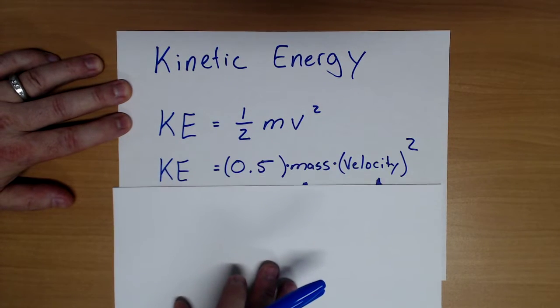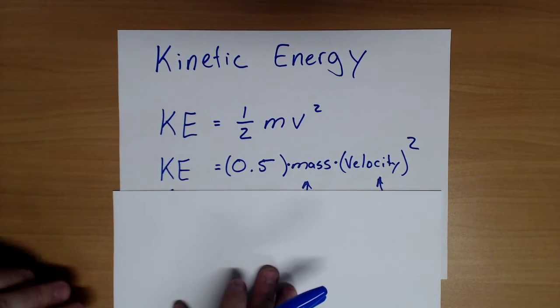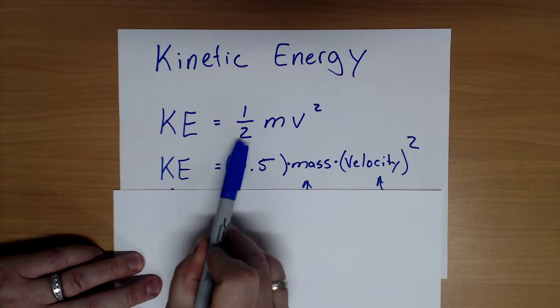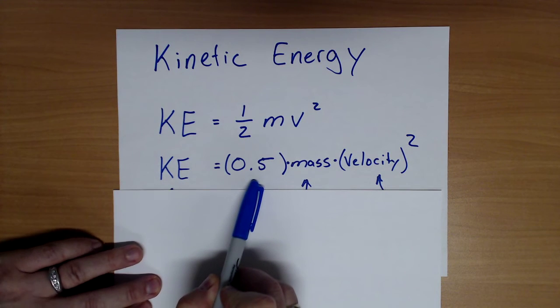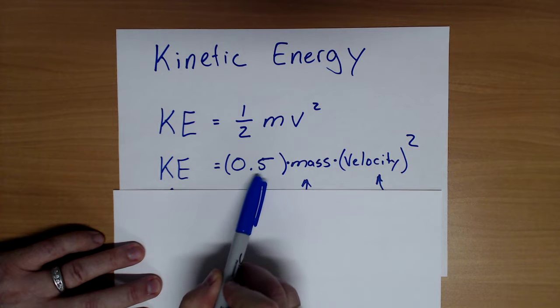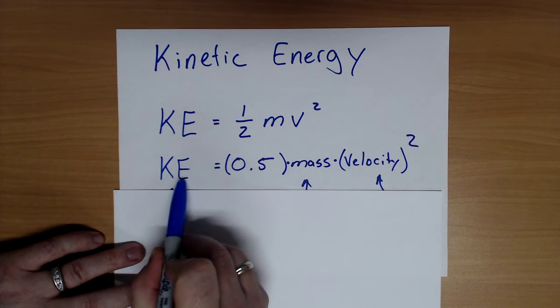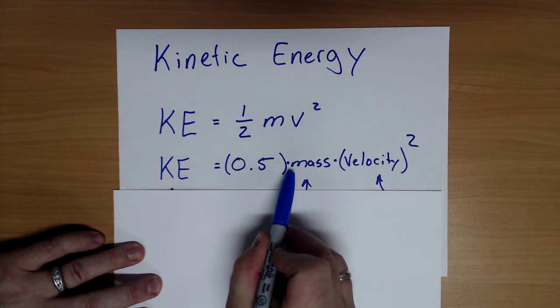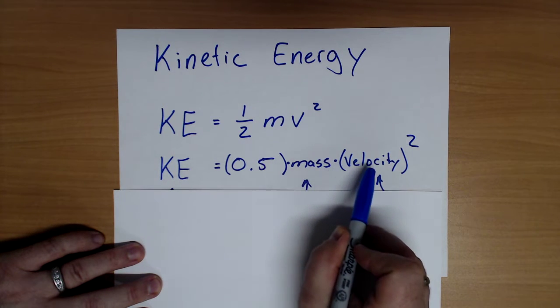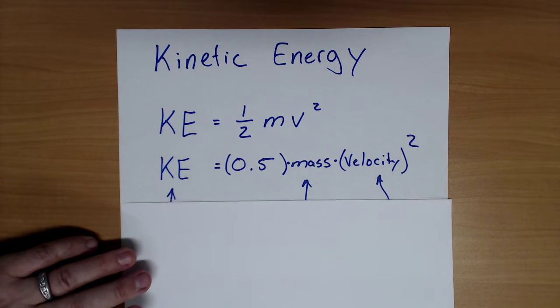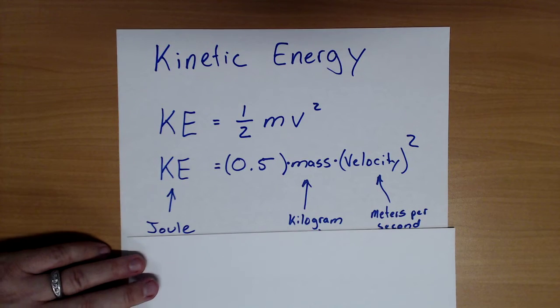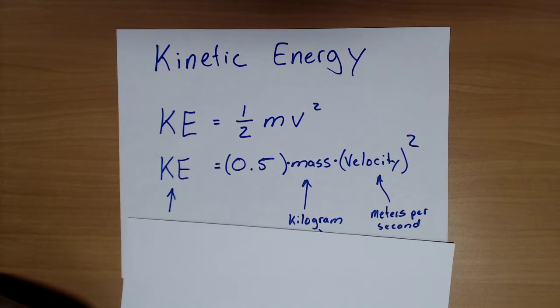All right, I could also write this out a little bit more fully. This time I chose to write the 1/2 out as 0.5. Remember, this is the same thing as the 1/2. So if I want to keep it all in one line, I'll say kinetic energy is 0.5 multiplied by mass multiplied by velocity squared. Remember, you have to do your PEMDAS when you're doing order of operations.